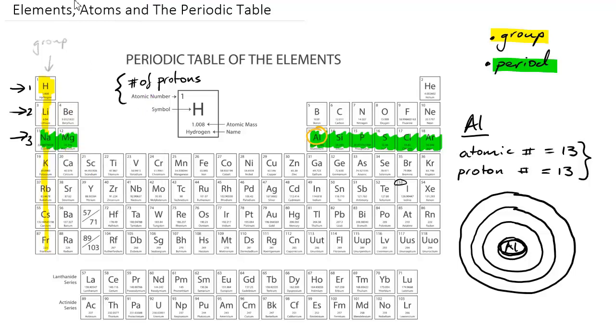If we have a look at the first period, and you go horizontally, you can see hydrogen there, then you can see helium here.